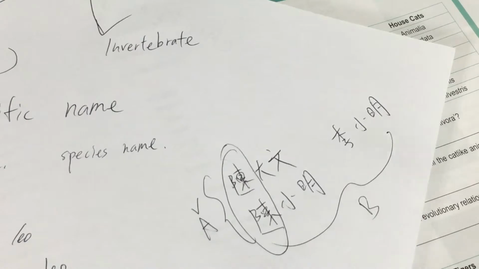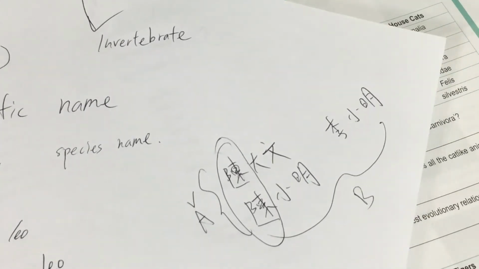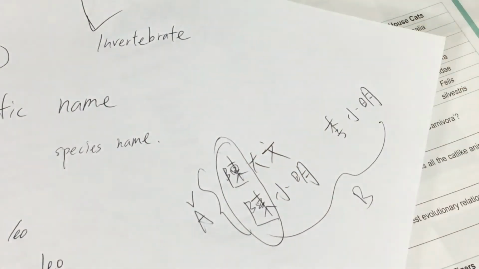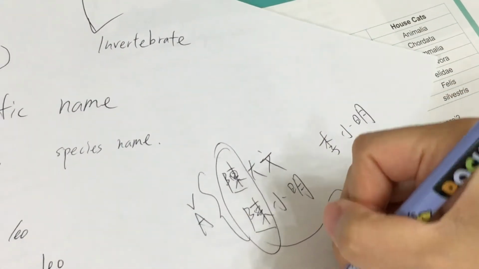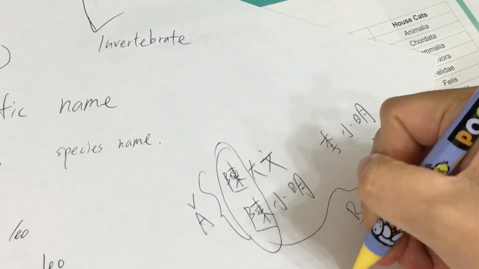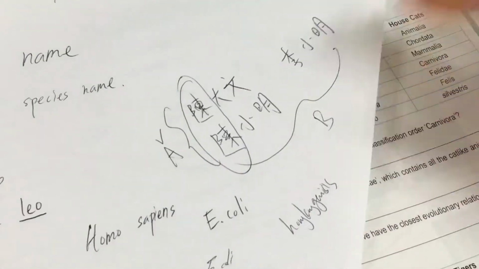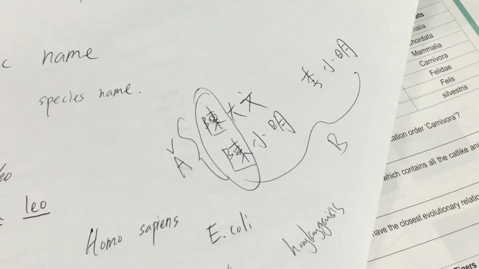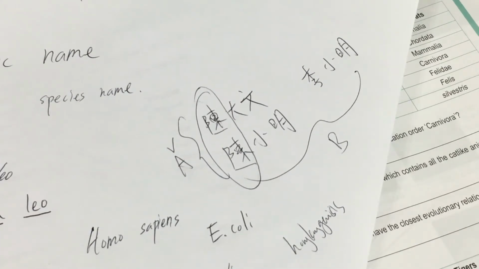Because sometimes, for example, we have a lot of organisms in Hong Kong whose species name is Hong Kong genuses. In fact, most of those organisms, if they are found in Hong Kong, their species name will be Hong Kong genuses.